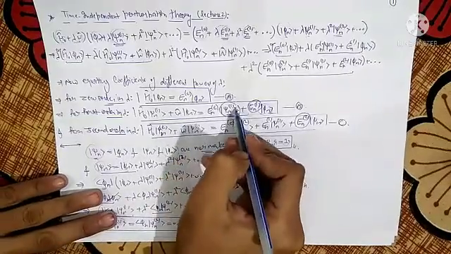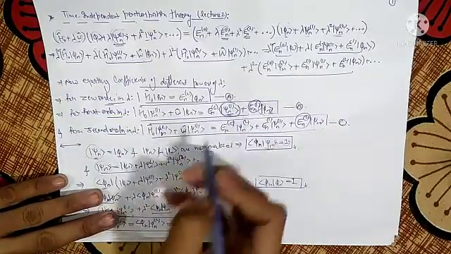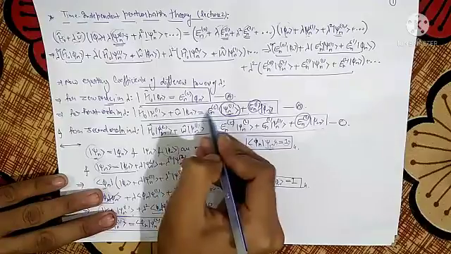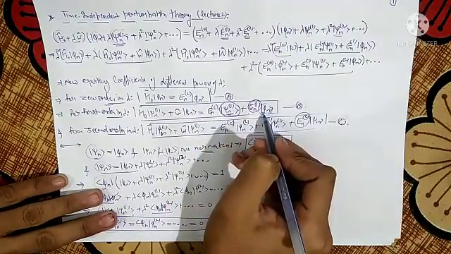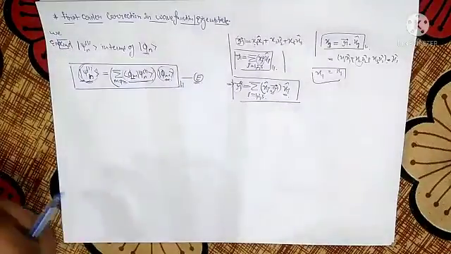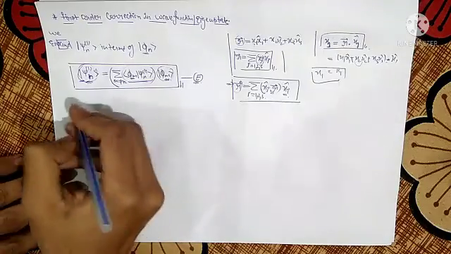So what we will do, the quantity that we want, we will multiply this particular equation by a bra of phi m. So let me write it here.